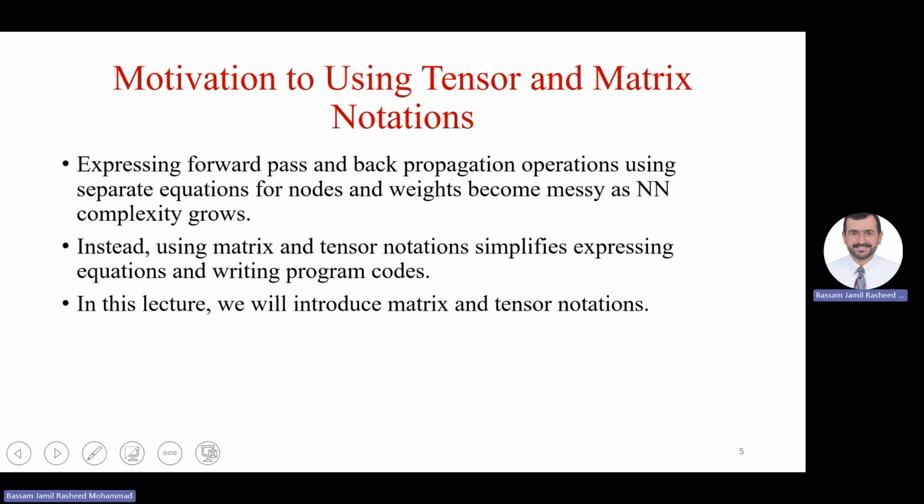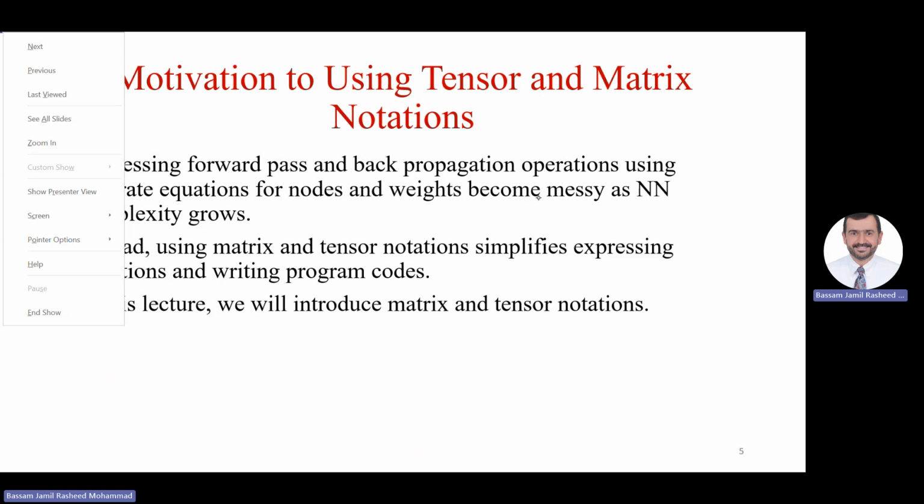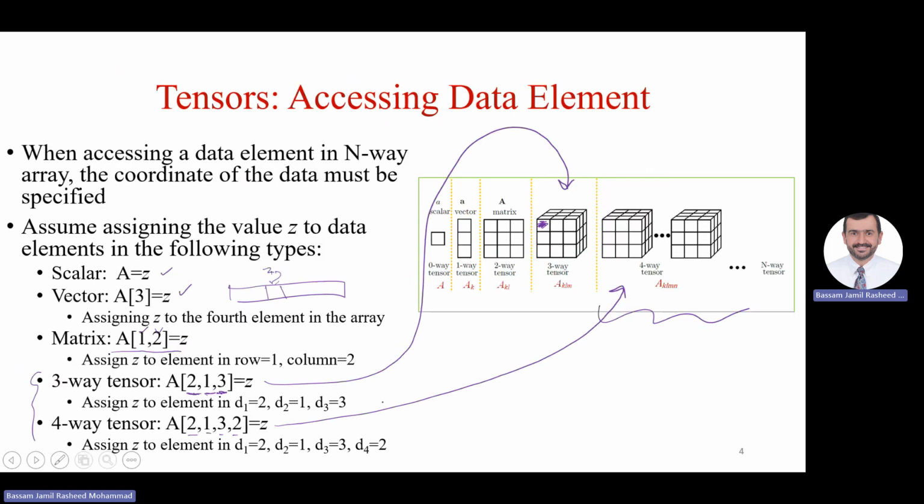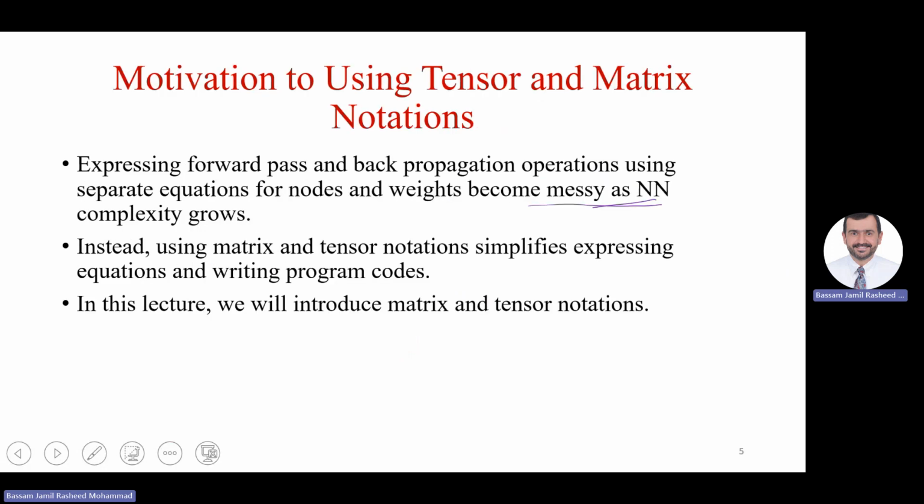Okay, all right. So really, the motivation for using tensors and matrix notation is that neural networks, if we express them in equations, become really messy. Oh, I've got to see if I can get my page back.